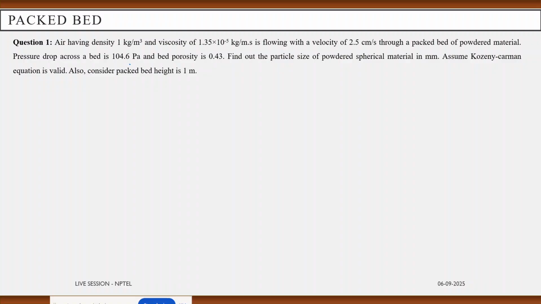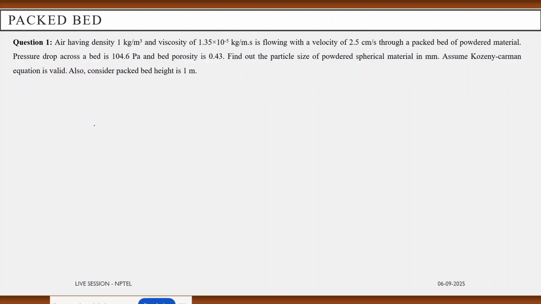Pressure drop across the bed is given as 104.6 Pascal and the bed porosity is 0.43. You have to find out the particle size or diameter of the powdered material. Consider it to be spherical and assume the Kozeny-Carman equation is valid for this case. Also consider the packed bed height is 1 meter.